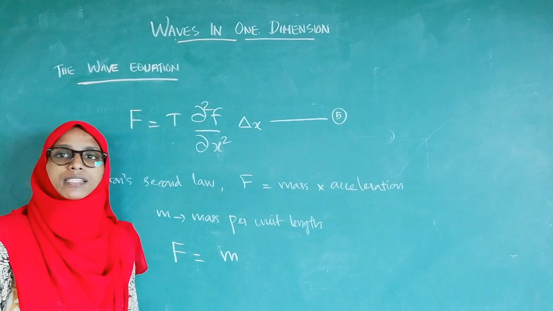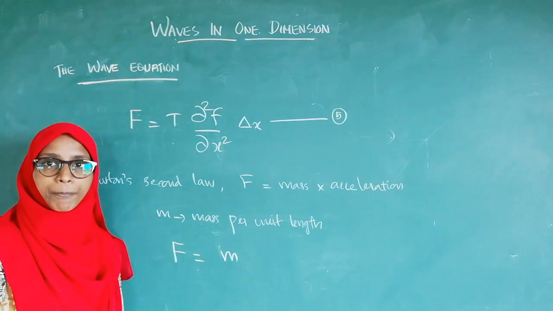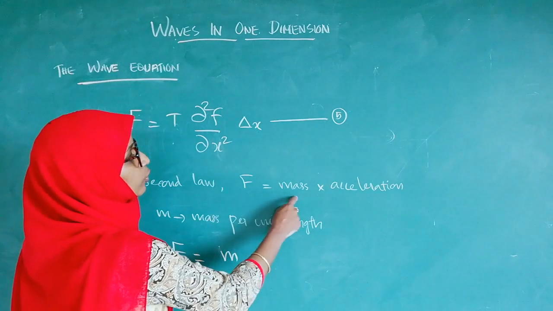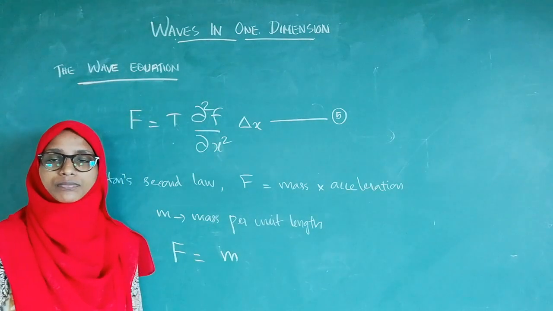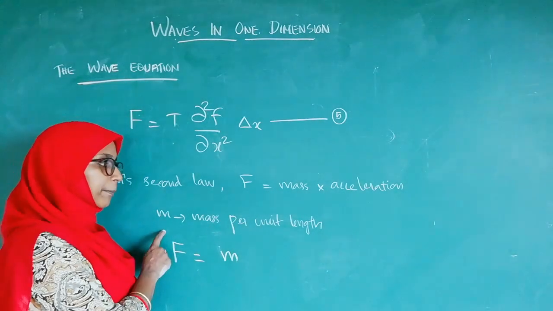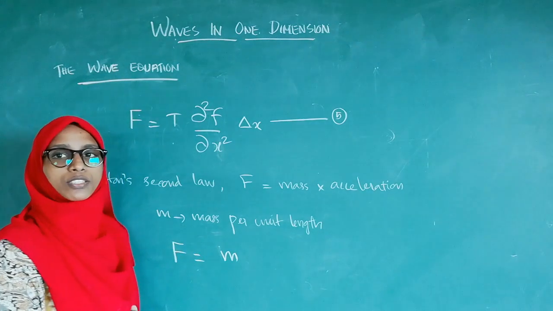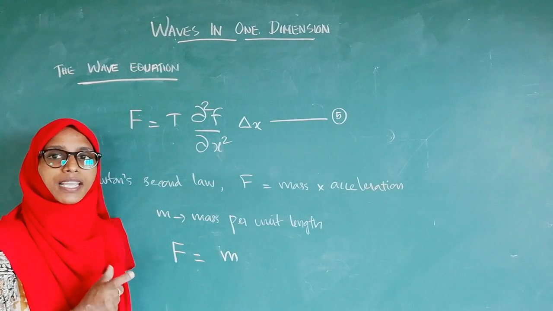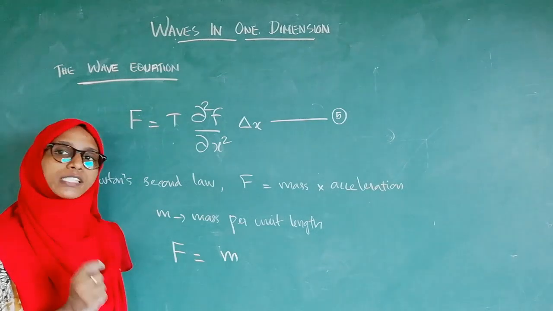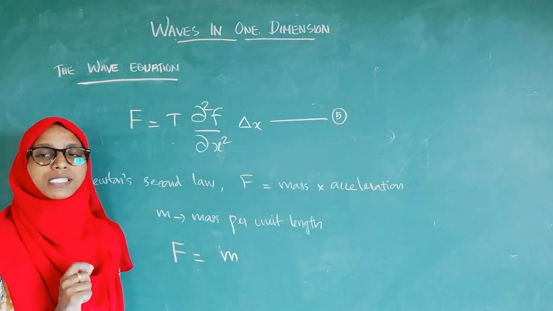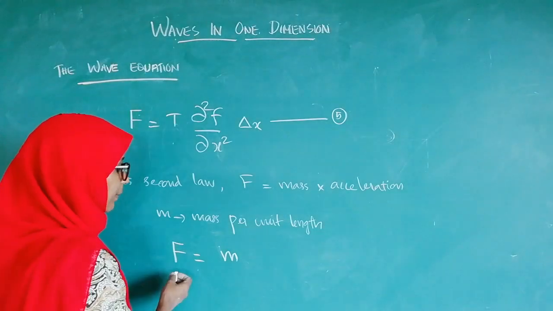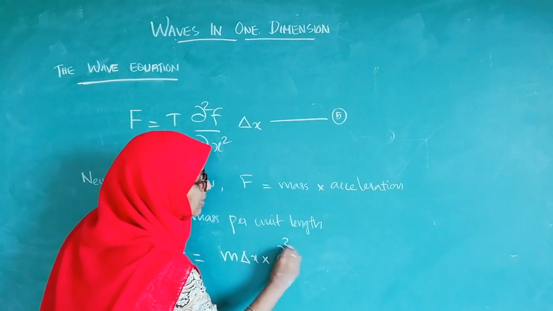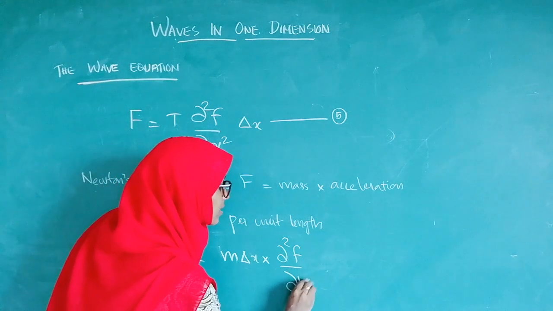Now we can explain the same system with the help of Newton's second law of motion, which says the force is equal to mass into acceleration. In this, if m represents the mass per unit length of this stretched string, and we are considering the same segment between x and x prime, that is x and x plus delta x, the force will be m delta x into acceleration, that is ∂²f/∂t².